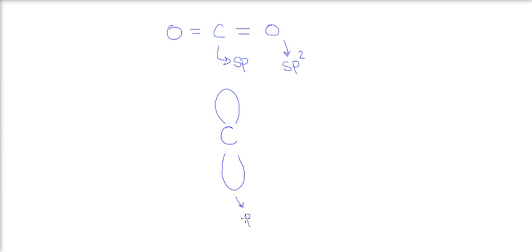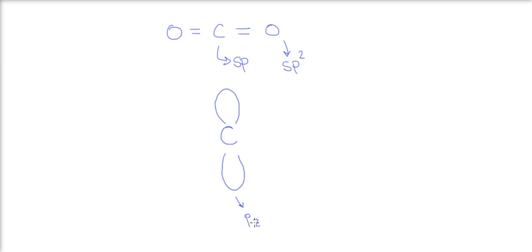So again, if we draw our Lewis structure for carbon dioxide, our carbon in the middle is sp, and our 2 oxygens are sp2. So now the carbon in the middle, because it has sp hybridization, that means that one of the p orbitals, the pz, which is pointing perpendicular up and down vertically, this is our pz orbital.